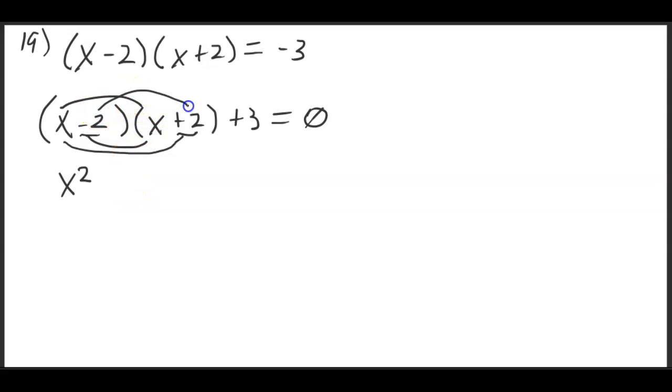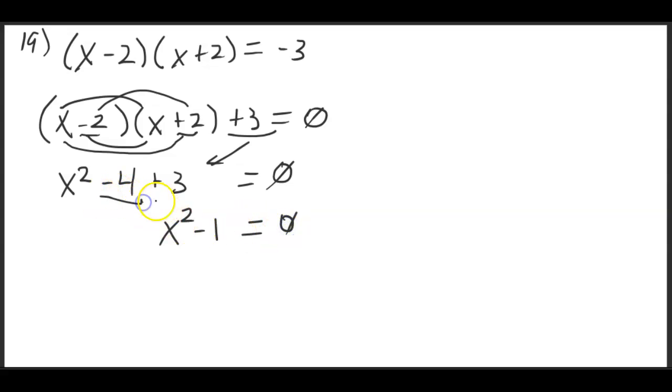And then negative 2 times 2 is negative 4. So we have x squared minus 4 plus 3, right? We have this plus 3 still, and that equals 0, which is to say we have x squared minus 1 equals 0, right? Because negative 4 plus 3.